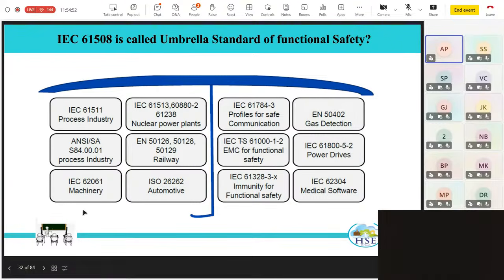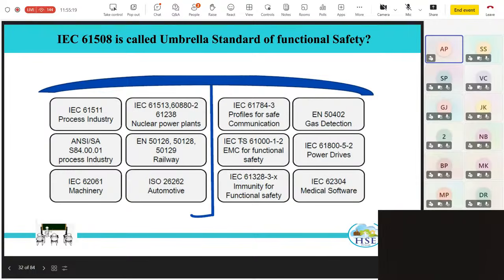Okay, next slide. Now, as I told you, IEC 61508 was the first standard which was developed for functional safety. And functional safety has many applications, and all these applications are covered under one umbrella. IEC 61508 is the mother standard, also called the umbrella standard, which is the guiding principle for all the standards below it.